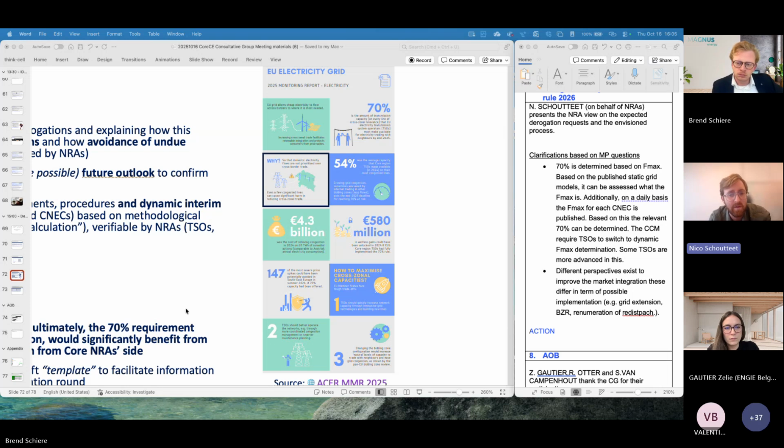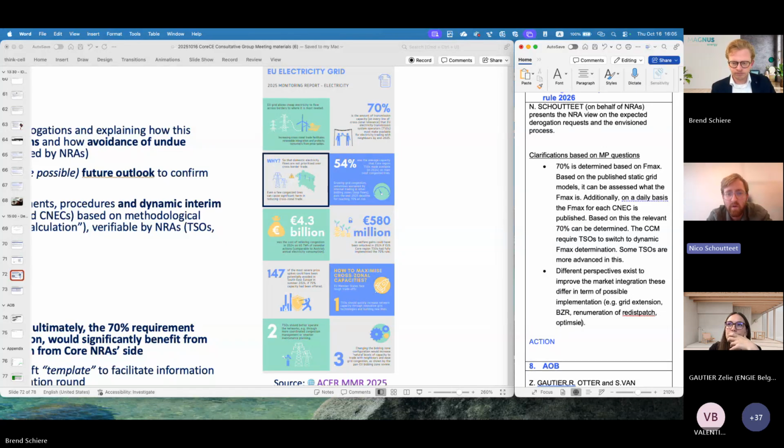That's a bit the key message here. All of these elements are important, but this is just one angle of a much larger puzzle, which is formed by all the different articles in the electricity regulation, so Article 13, 14, 15, 16, etc.